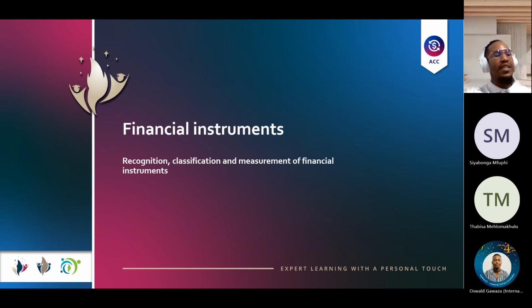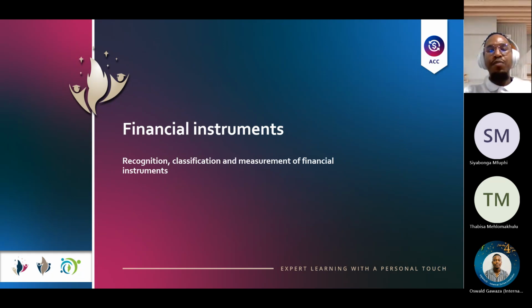We then went into IAS 32 to talk through instances where we distinguish between what's an equity instrument versus what is a financial liability. That's where we did the classification and separation of a compound financial instrument into its equity component and its liability component. Just now, we covered a bit of the disclosures that you would expect to see in the financial statements.